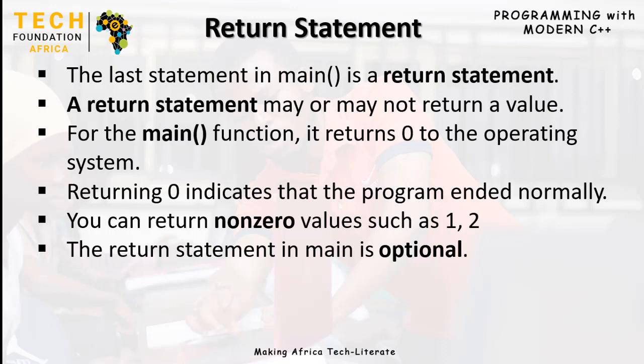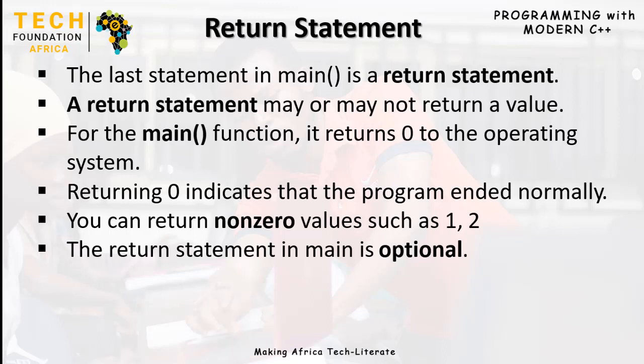So if a client calls you that my program is failing, you can just ask what is the return value that you get when the program is done executing. If it says maybe 15, you the programmer know that 15 is associated with a file not found. Is that okay? So maybe you can advise the person to make sure that they have put the file in this particular place.